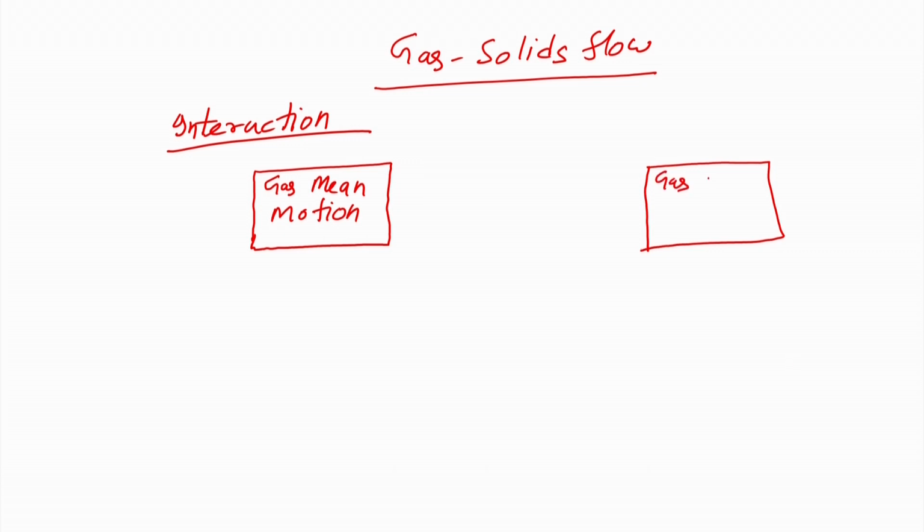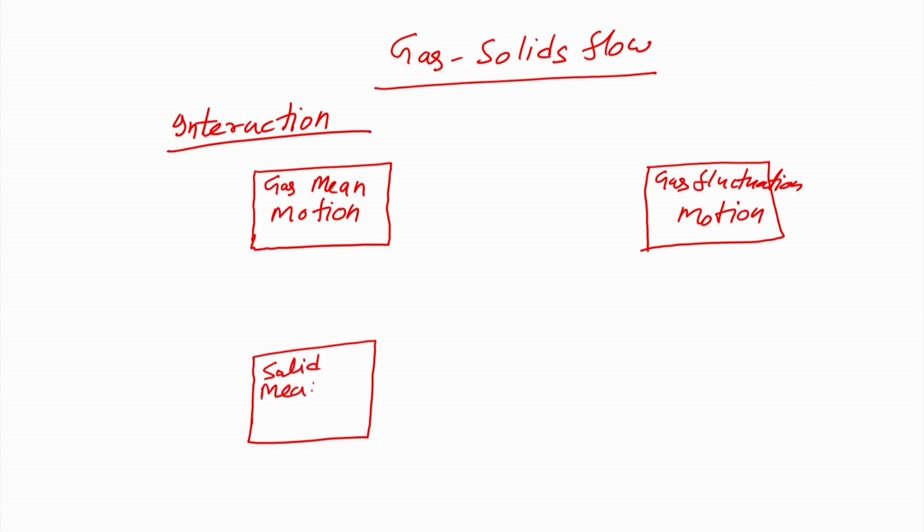So, gas fluctuation motion. Similarly, I will say it for the solid: solid mean motion, and this will be solid fluctuation motion.